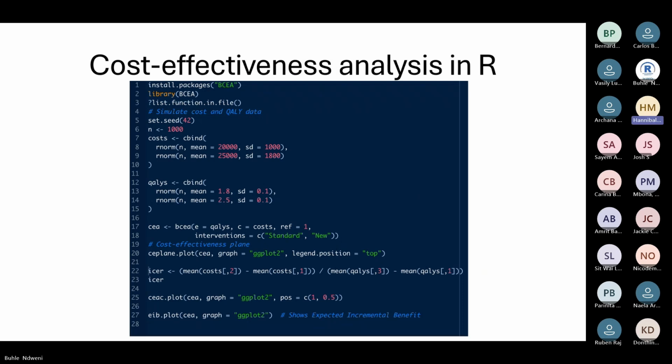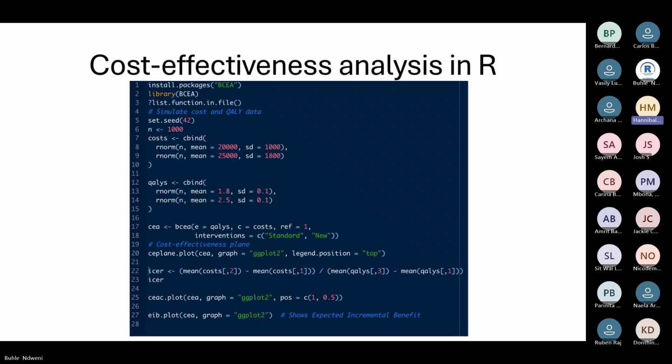Yeah, so you notice that as we're generating the data, usually the first drug is going to be the standard. So the one in the first row, with the mean of $20,000, is the standard. Then the new drug is the one with a mean of $25,000.